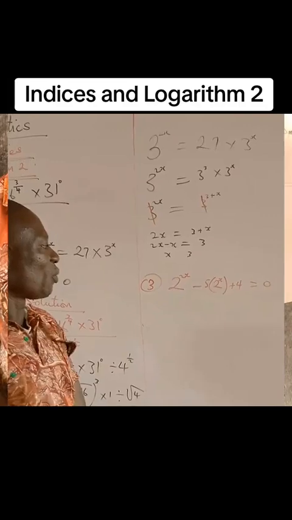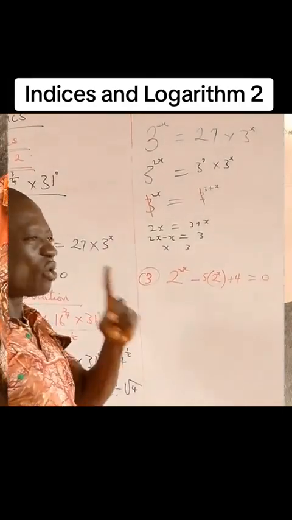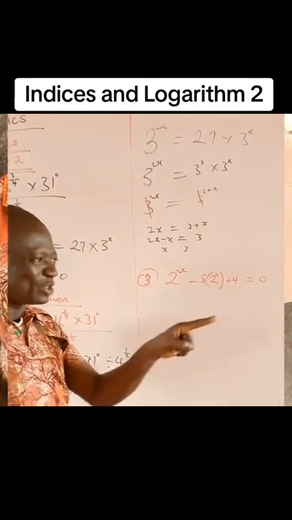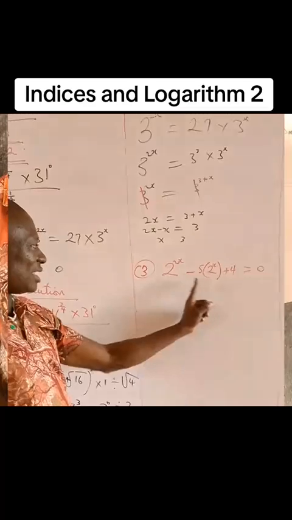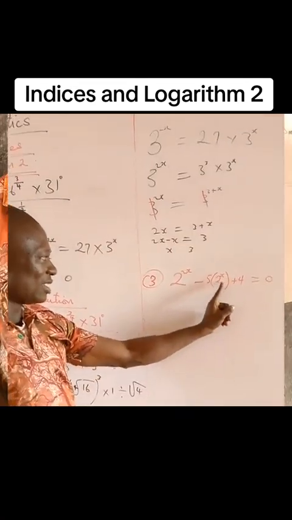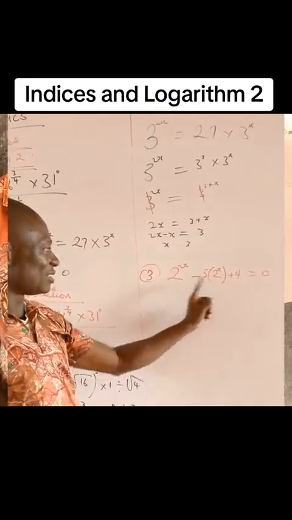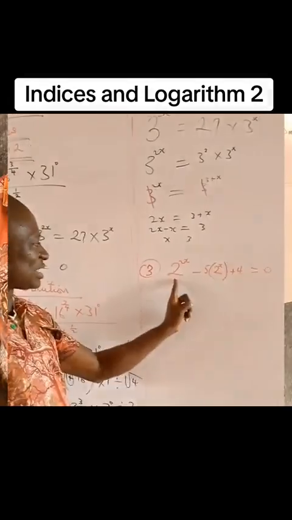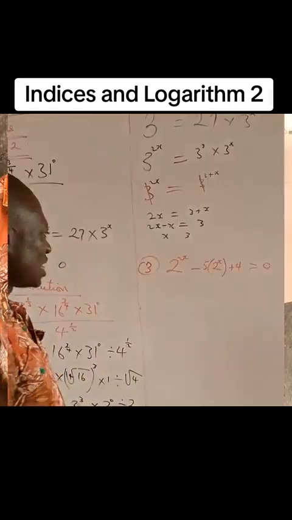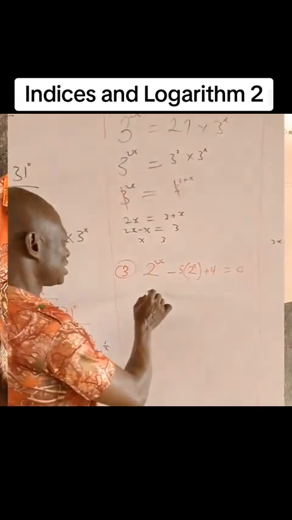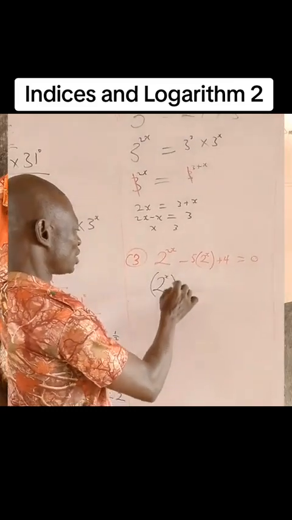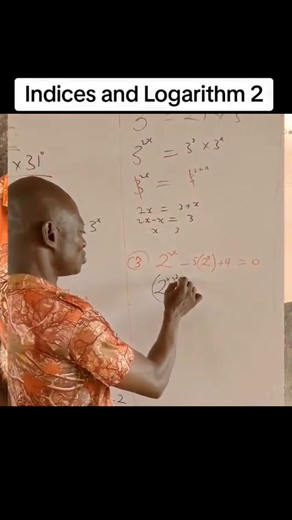And so, what we are going to do here is to follow this link. What is giving us the green light, showing us where to continue from, is this 2 raised to the power 2x and 2 raised to the power x. If you look at this, you see that they are similar. And so we try to make this number appear like the one we have in the bracket, so that we can write it as 2 raised to the power x, all raised to the power 2.